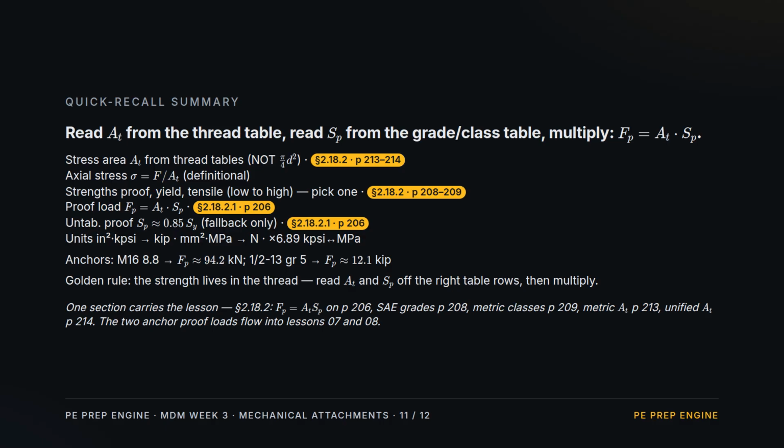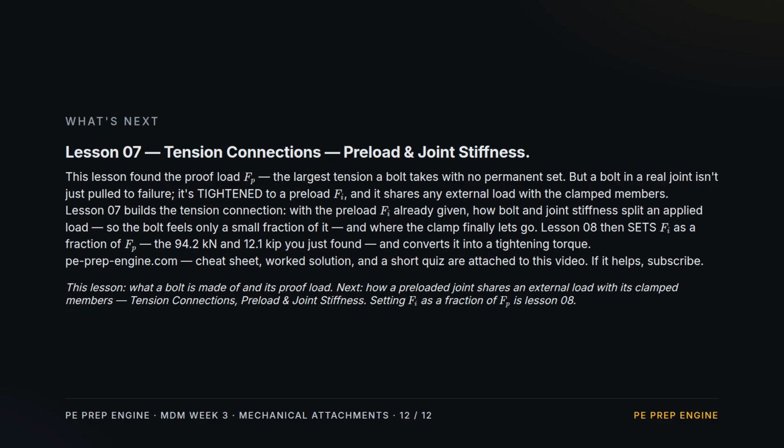Keep units consistent. Square inches with KSI, square millimeters with megapascals. And remember the 2 anchors, the M16 class 8.8 at about 94.2 kilonewtons, and the half-inch grade 5 at about 12.1 kip. Next up, Lesson 7, Tension Connections, Preload and Joint Stiffness.